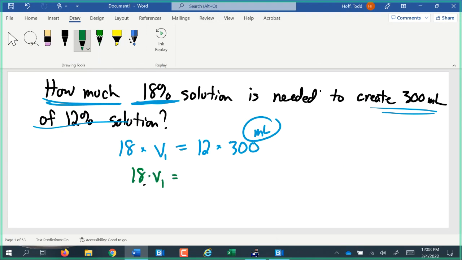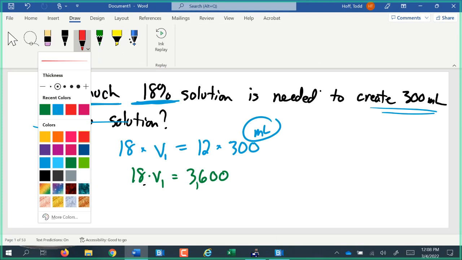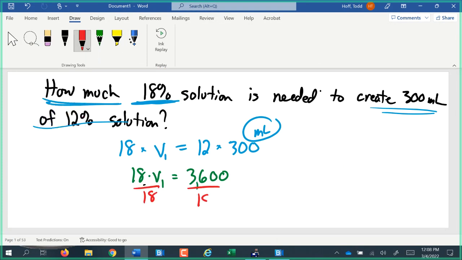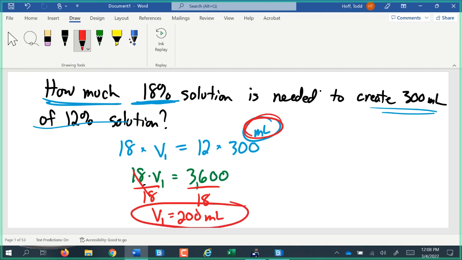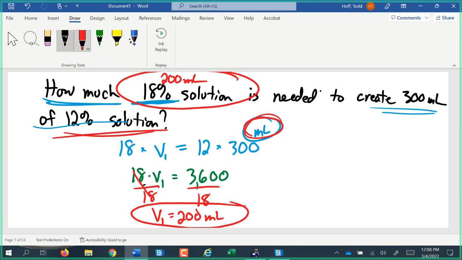On the right side, 12 times 300 is 3,600. Then to solve for V1, we divide by 18. V1 equals 200. Our volume was in milliliters, so this is also milliliters. So what that is saying is we would start with 200 milliliters of that 18% solution in order to create 300 milliliters of that 12% solution.